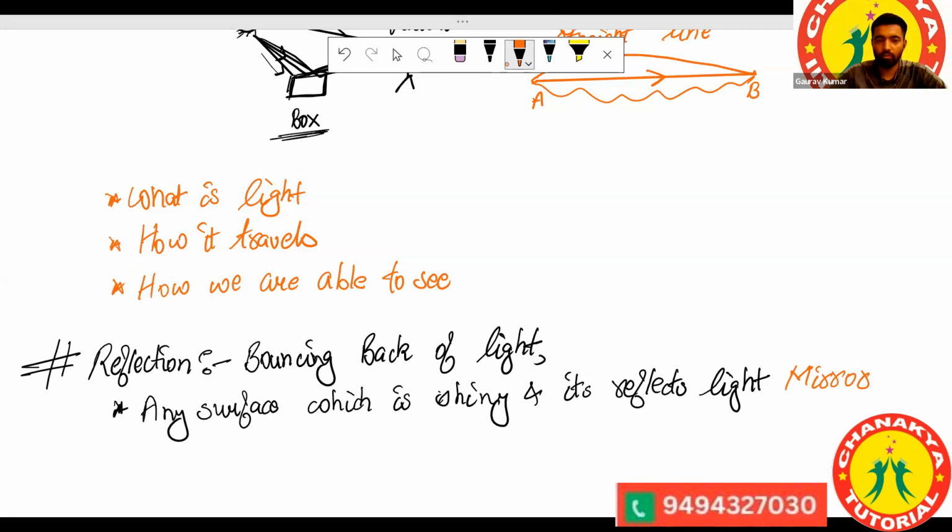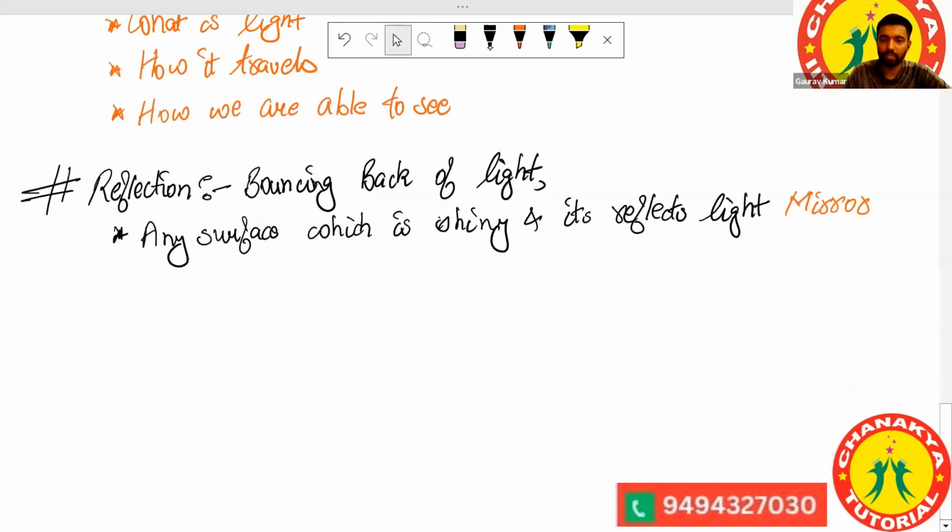So how is a mirror able to reflect light? Assume this as a mirror. And this is some normal to the mirror. Normal means this is perpendicular to the mirror.